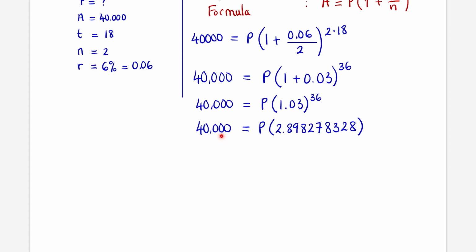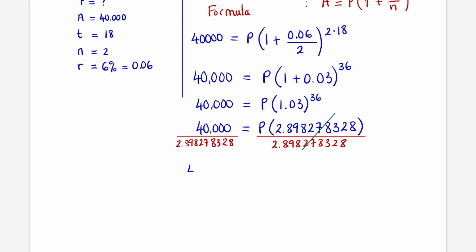So I have $40,000 equals P times 2.8982783828. To isolate P, I divide both sides by this number. So I divide this side by 2.8982783828, and also divide this side by 2.8982783828. So this number got canceled out.